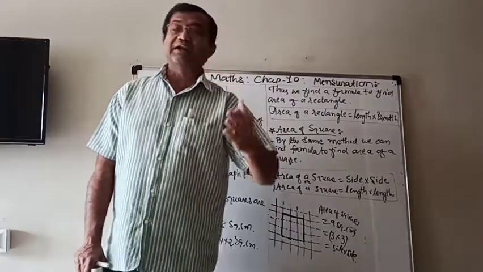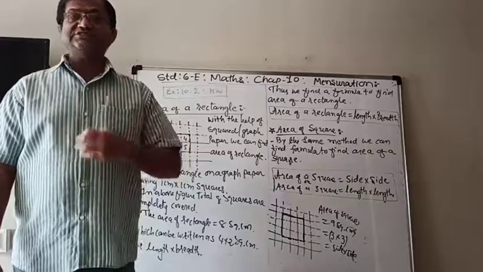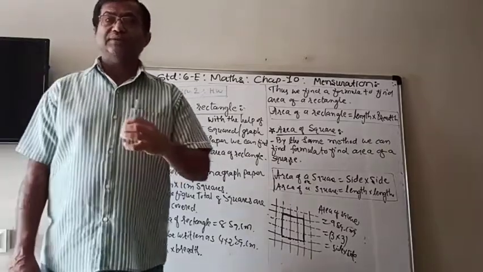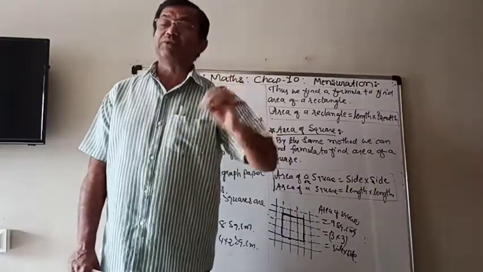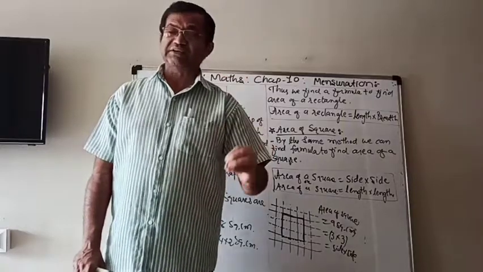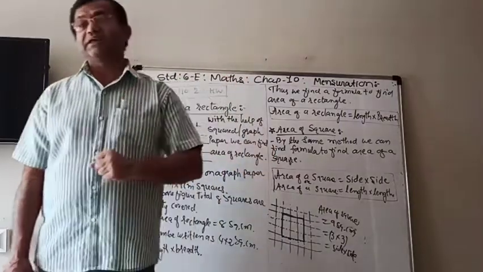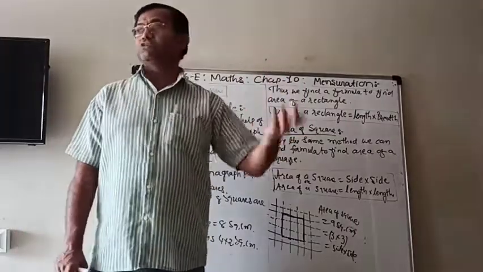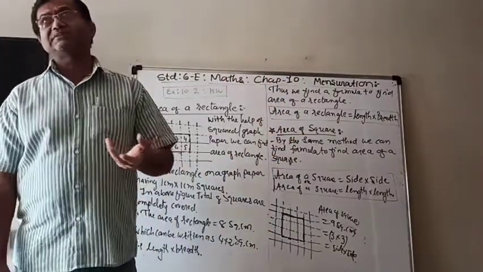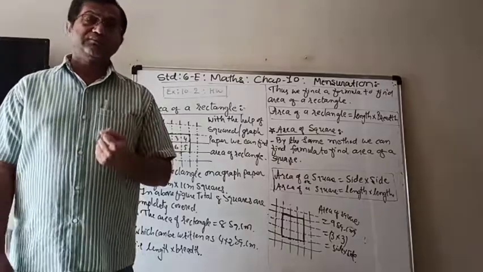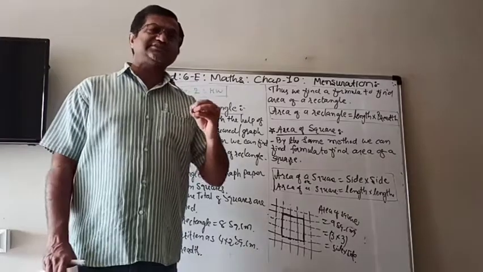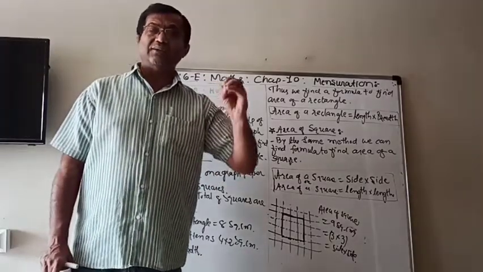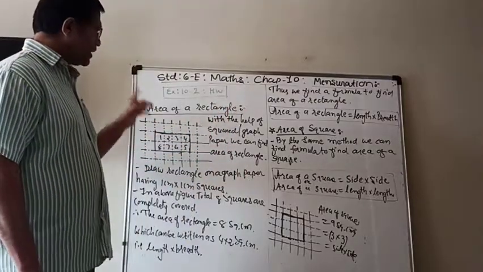We have to find some special formulas, a particular method to find out the area. So for those big things like doors and windows, cupboards, walls, let us understand first the area of a rectangle.